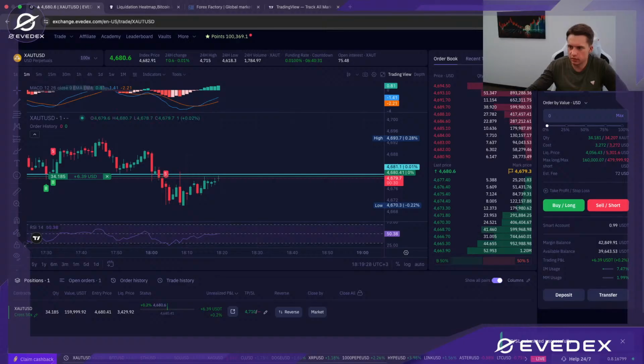Seems that price is slowly but surely coming back into that key level.